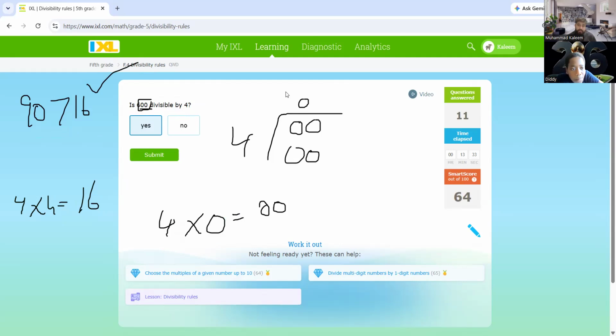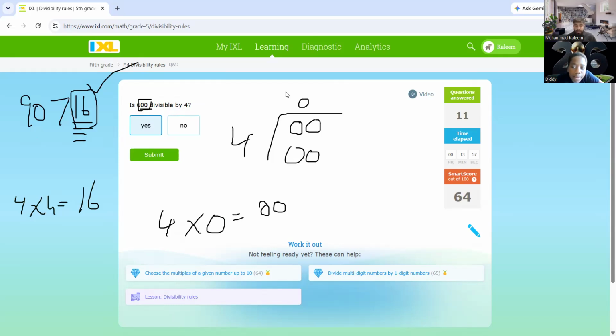Which number is divisible by 4? 16. If the last two digits of the number are a multiple of 4, then the given number will be divisible by 4.